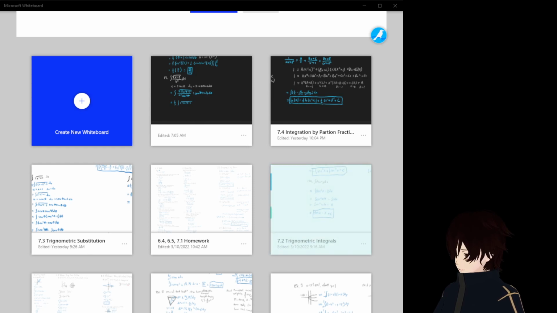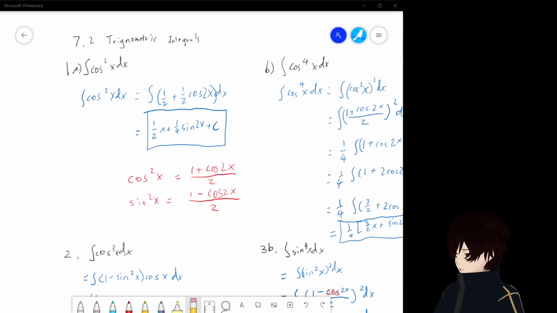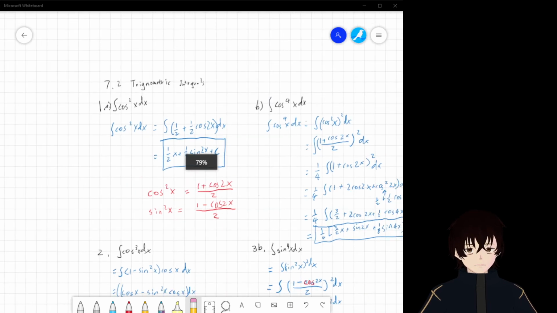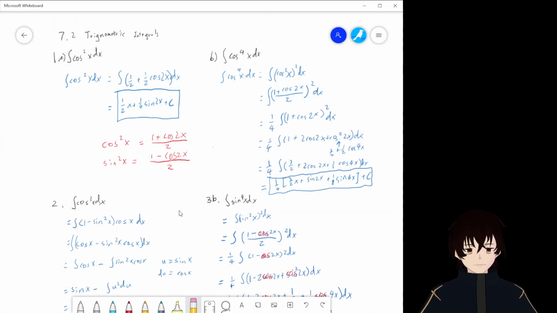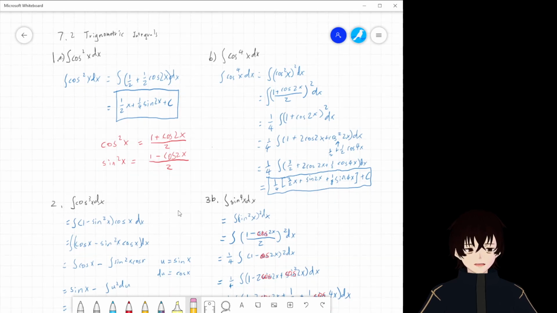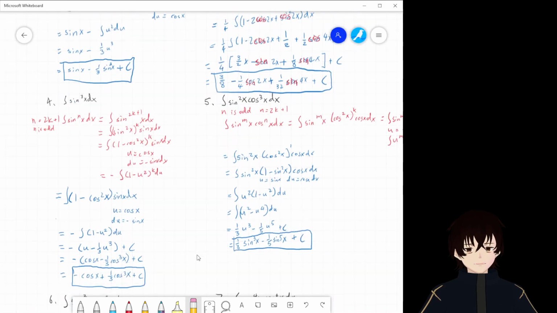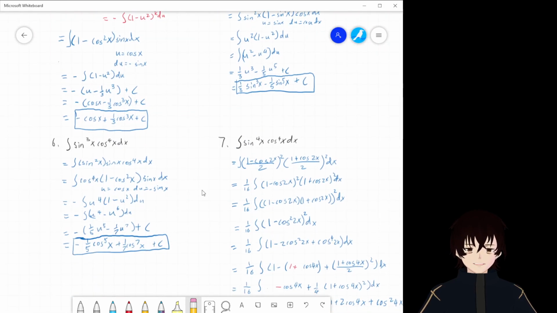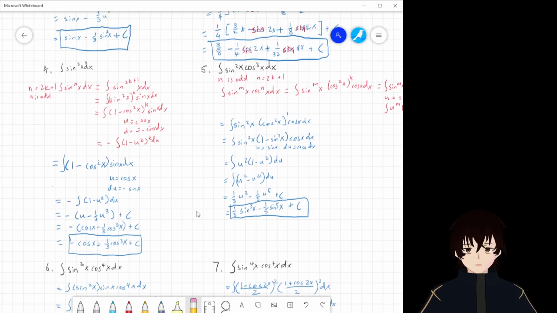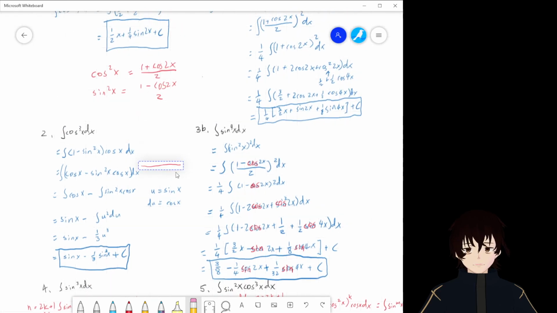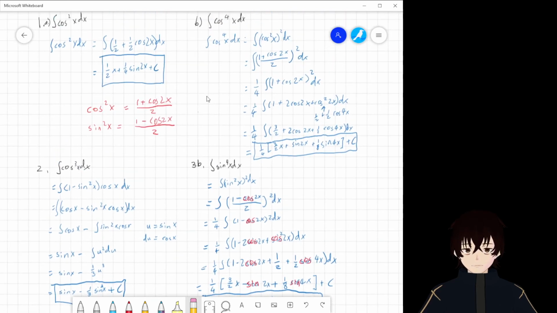This feels wrong. 7.2 was integration by parts. Why is this 7.2 trigonometric integrals? Is my textbook not the one that's used in class? Anyways, let's find our answers here. Good time to do a little review. Oops, oopsie.